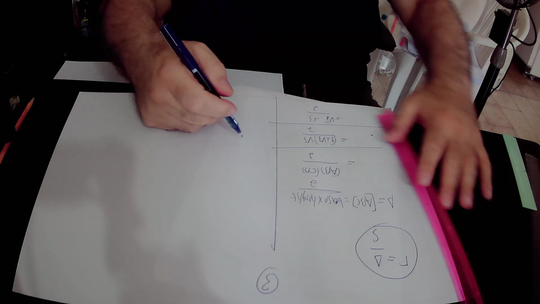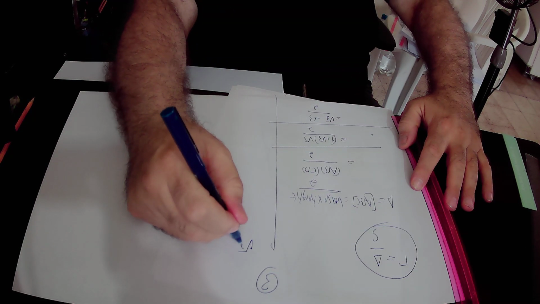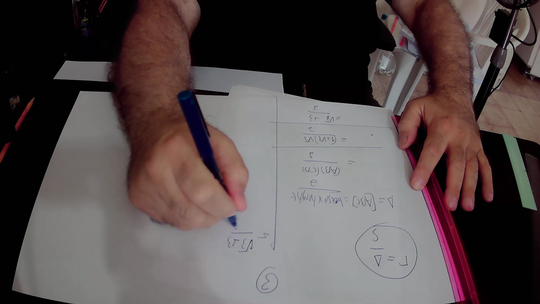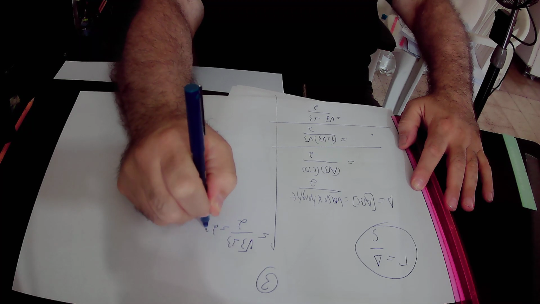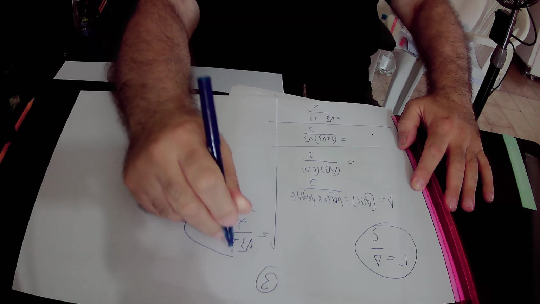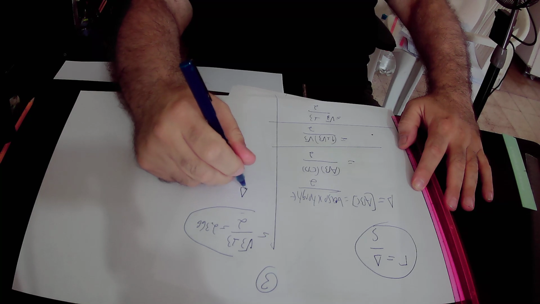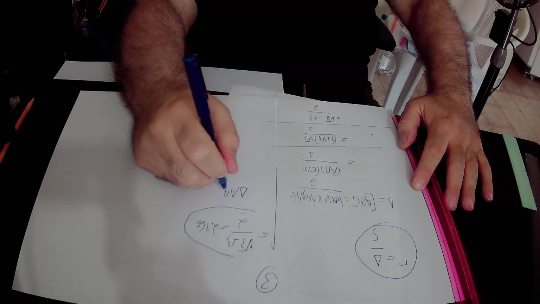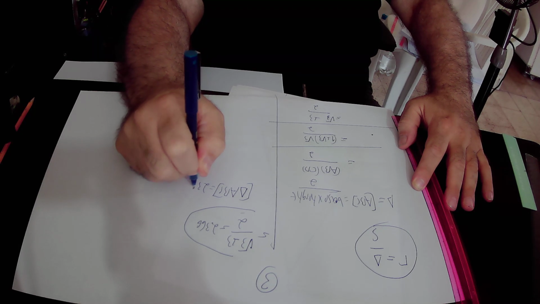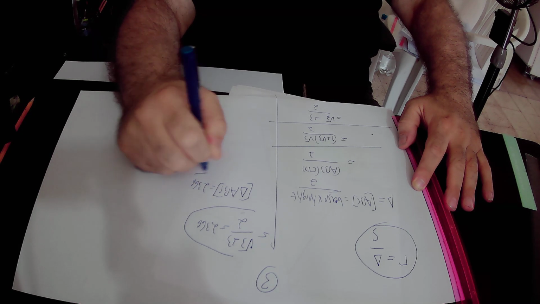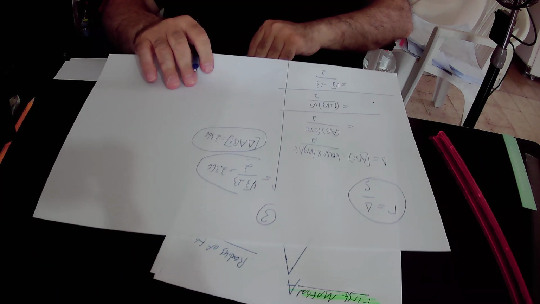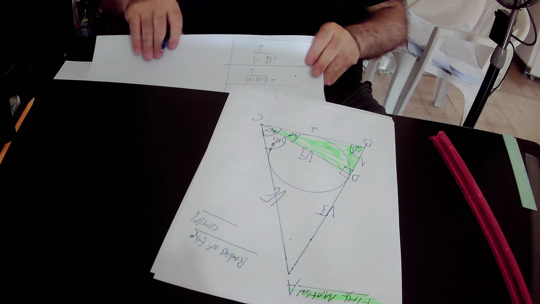And square root of 3 plus 3 over 2 is 2.366. So we found out that the area of triangle ABC is equal to 2.366 square units.